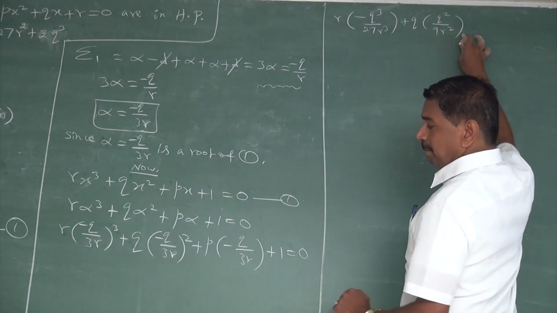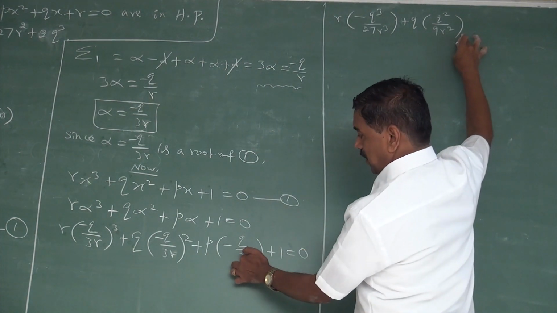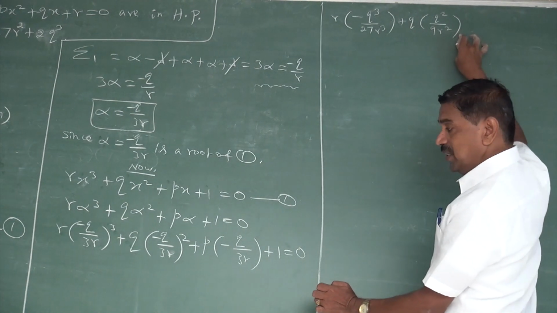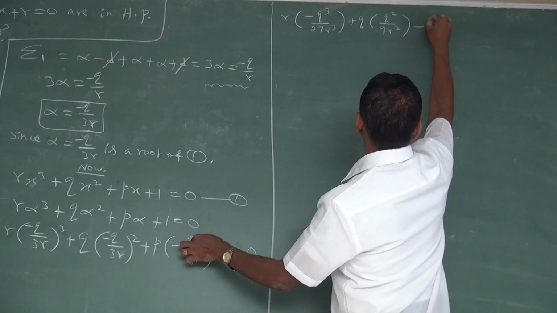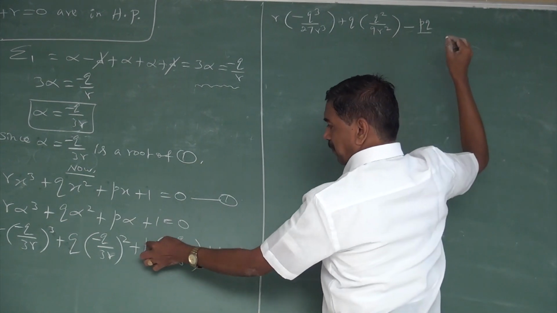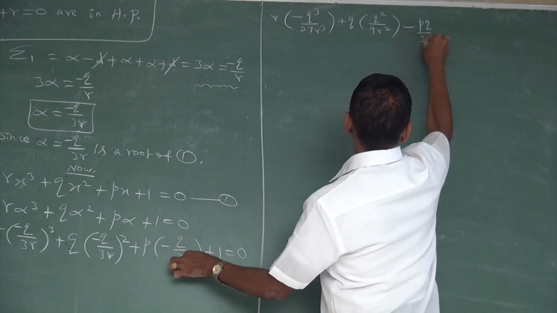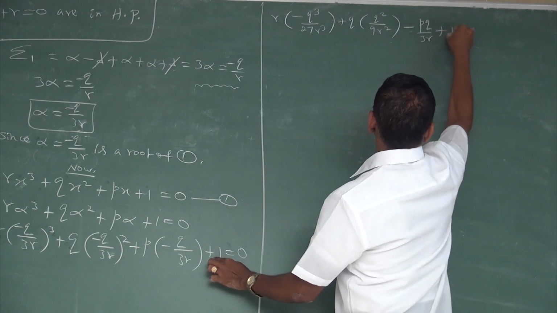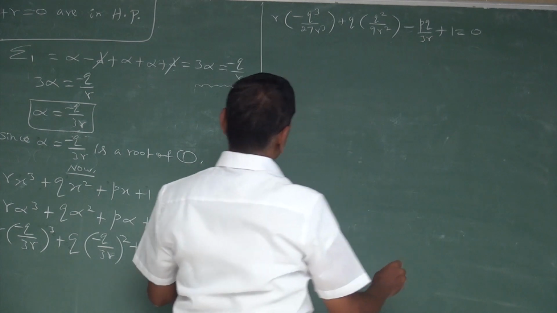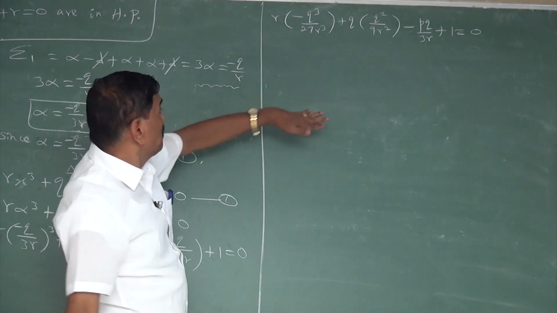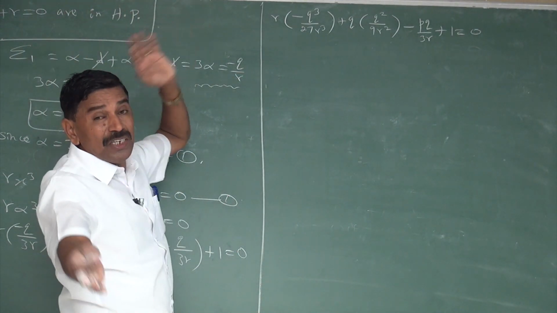Next step, the third one. Good, plus into minus p into q, so minus pq divided by 3r. Next step, plus 1, which is equal to 0. Now simplification, do it in your own style.